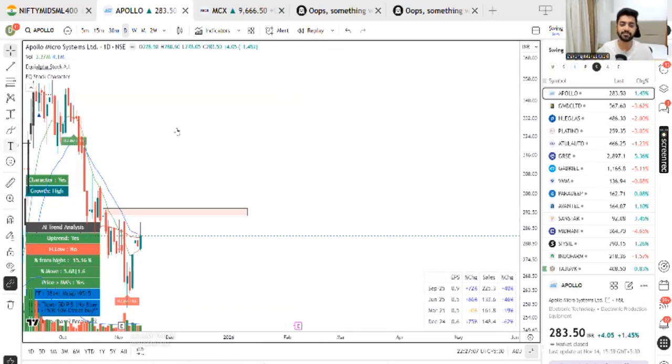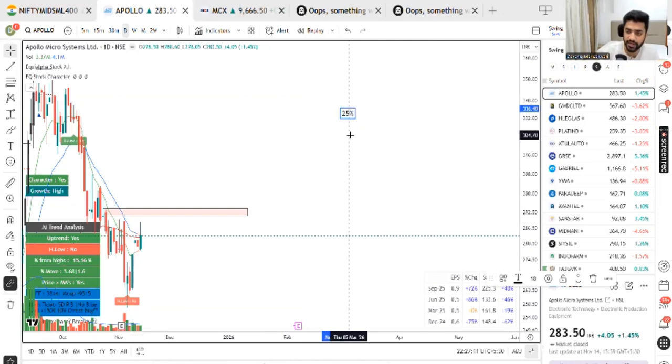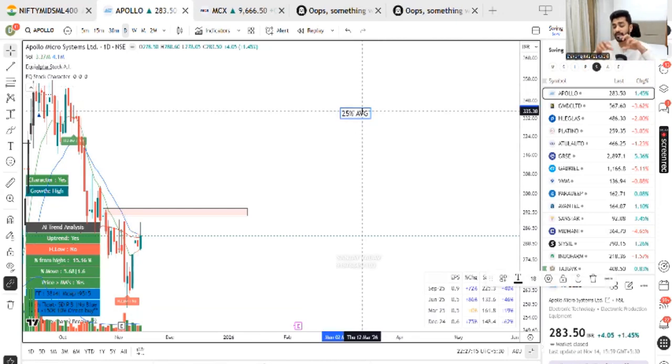On average, you can expect something like a 25% average. Whether it will reach 25 or not, I also don't know. That's why, for making that average, you sell some in strength.